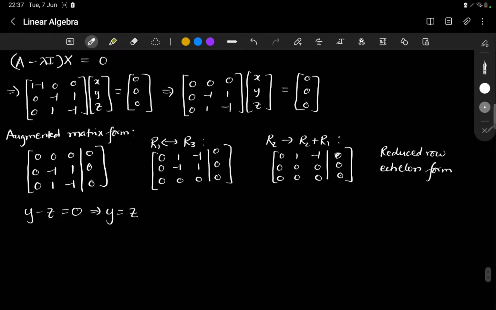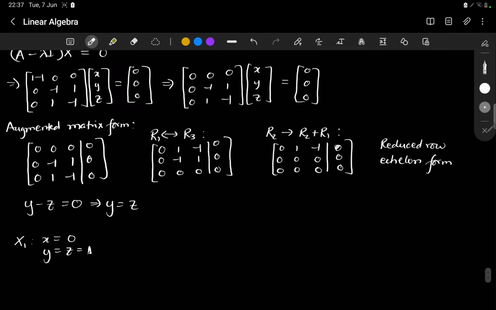So for the first eigenvector, let's take x equal to 0 and y equal to z equal to 1. So this gives the eigenvector. Let us take it as 1 over square root 2 for normalization.